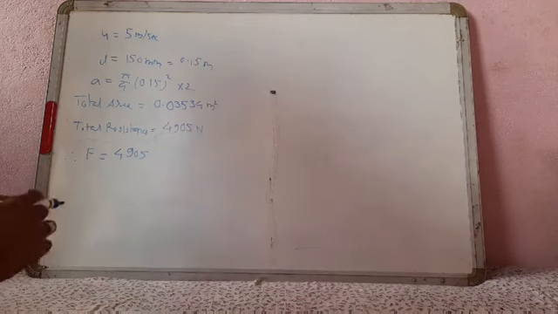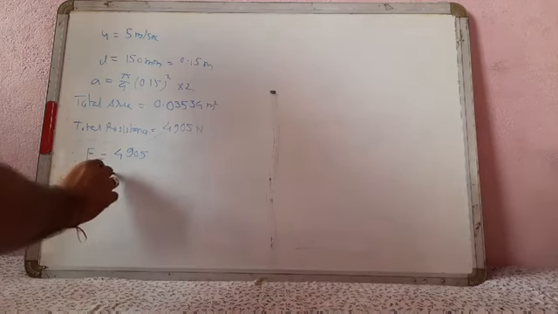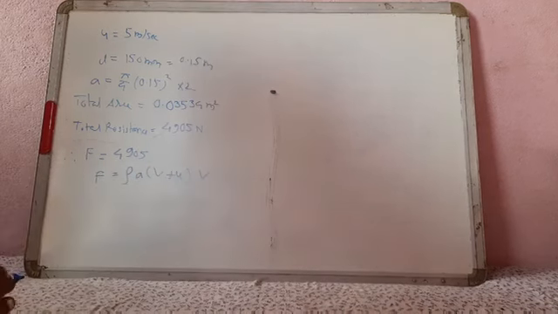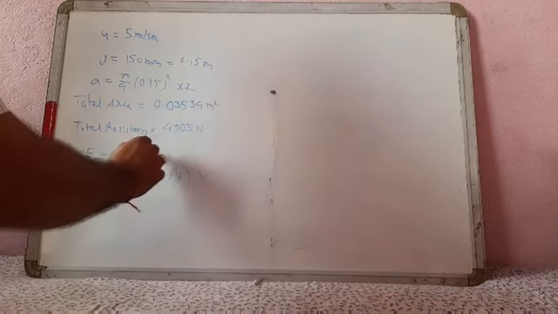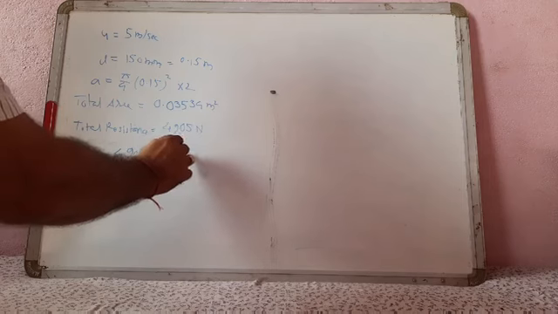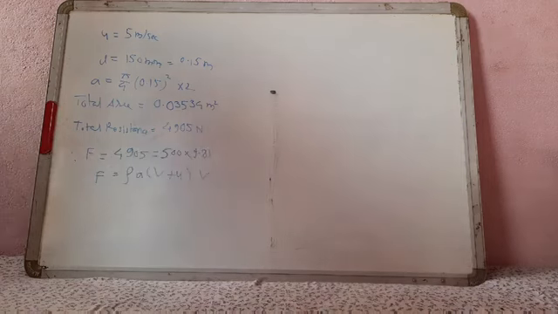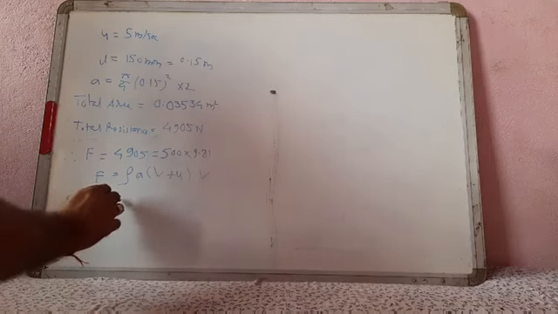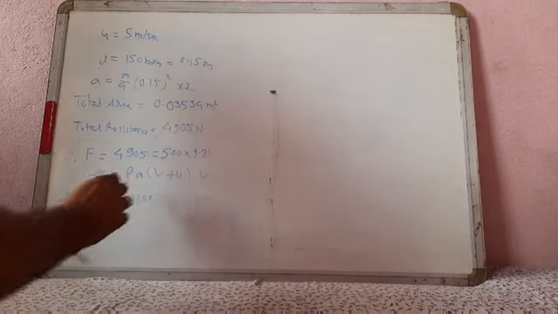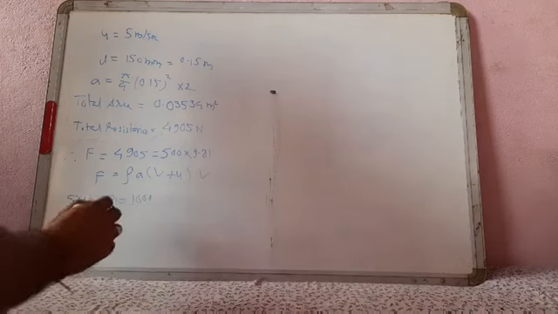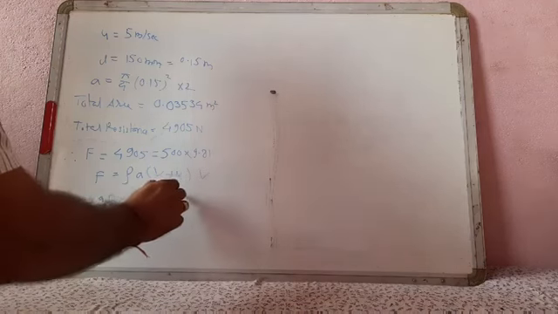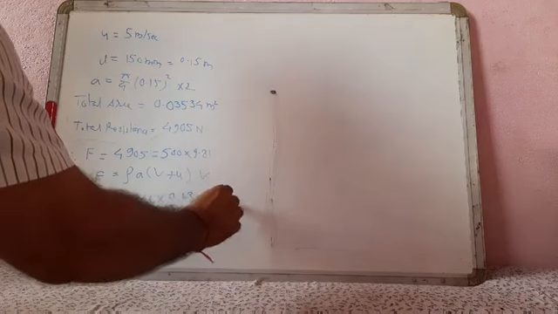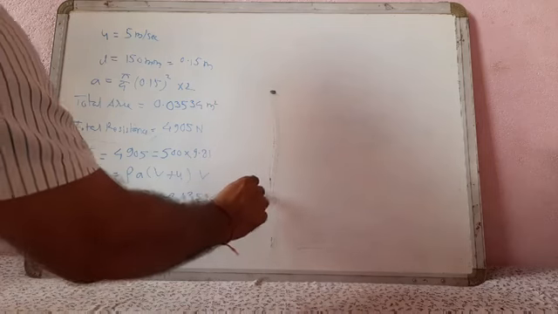So we have to find this equation for this propelling force: F equal to rho A (V plus U) into V. The value is given, 500 into 9.81 equal to the value of rho is 1000, and the area is 0.03534 into (V plus U) into V, where U is given 5.